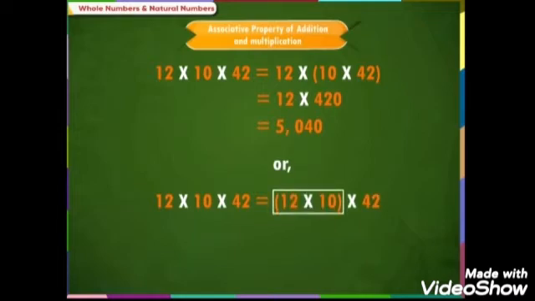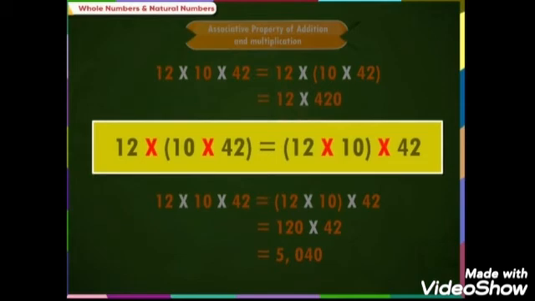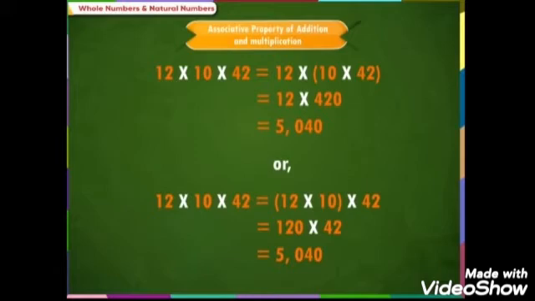That is (12 multiplied by 10) multiplied by 42, which is equal to 120 multiplied by 42, which gives 5040. In both the cases, the product is same, which is equal to 5040. So, we can conclude that if 3 or more whole numbers are to be multiplied, the product will be the same even if the grouping of the numbers is changed.